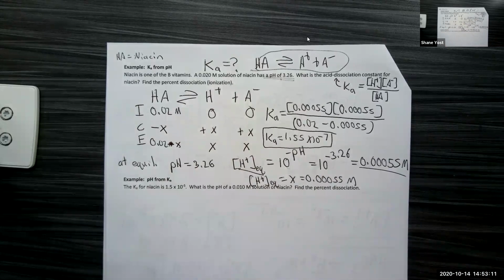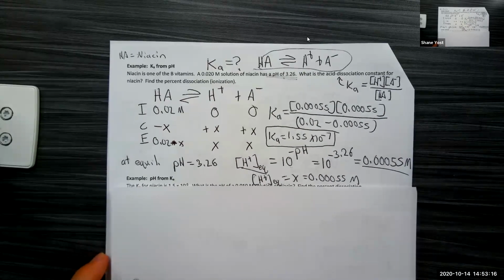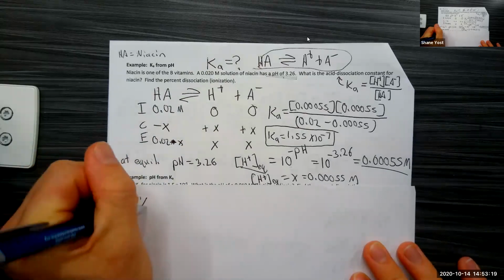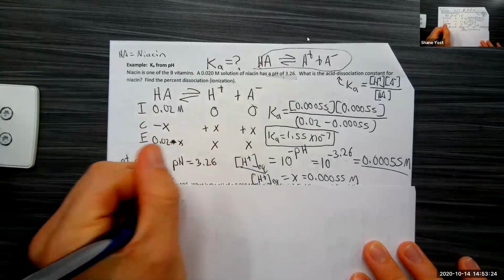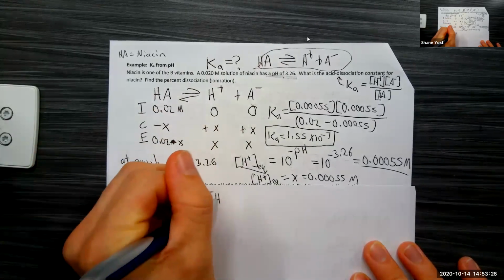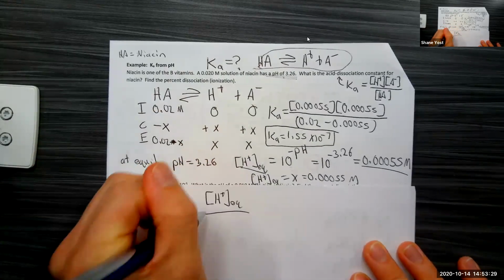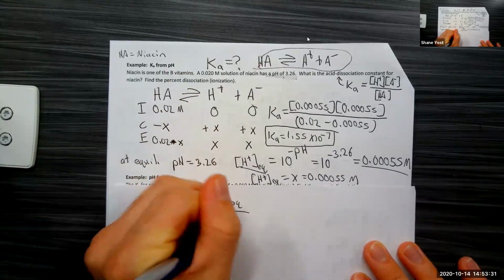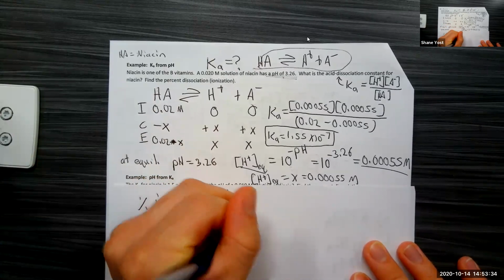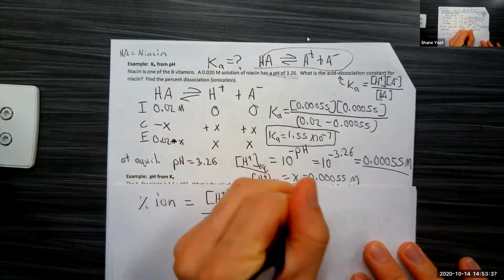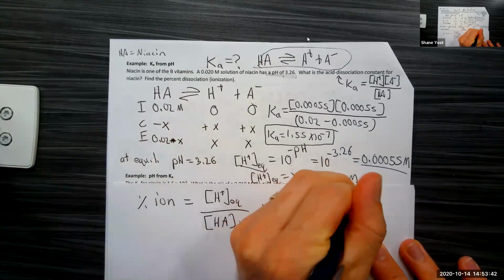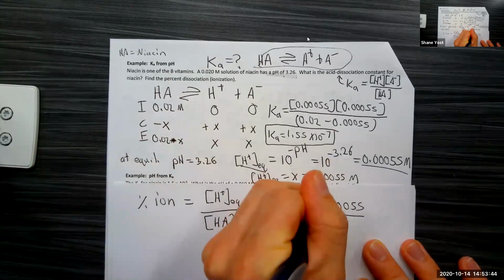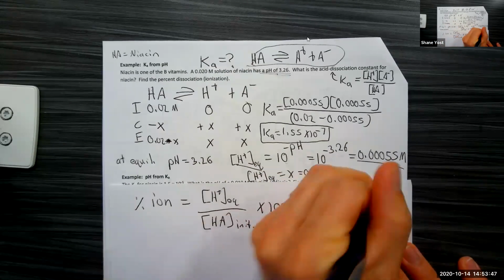To get the percent ionization, or percent dissociation, it equals the concentration of H plus at equilibrium divided by the initial concentration of HA, times 100. So that's 0.00055 divided by 0.02 times 100.